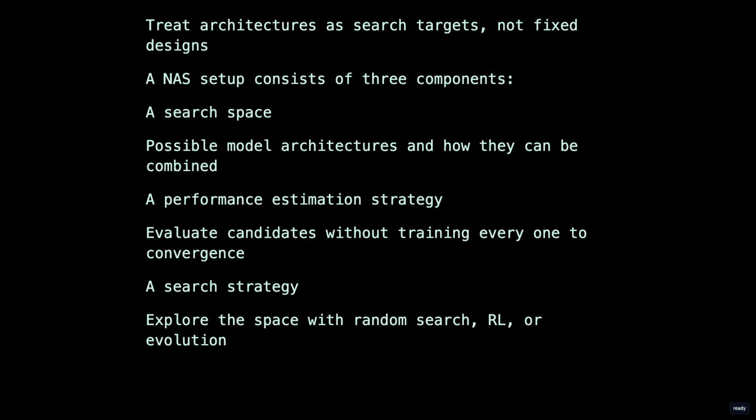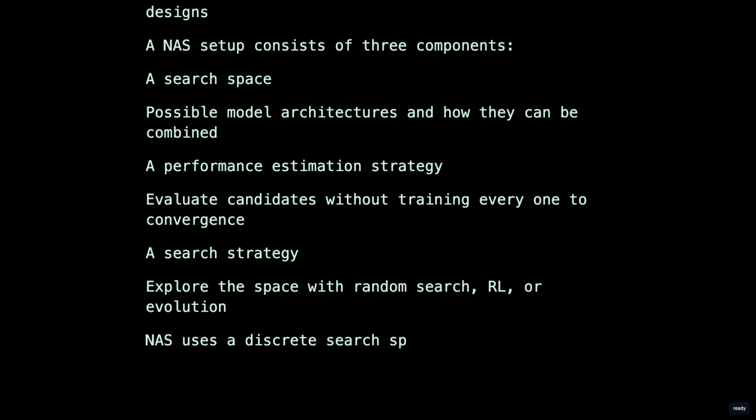Reinforcement learning and evolution try to use feedback from previous candidates, so the search improves over time. In practice, NAS often works over discrete choices, such as convolution sizes, activations, pooling, identity, or zero operations. The exact set depends on the base model family, like a convolutional network or a transformer.